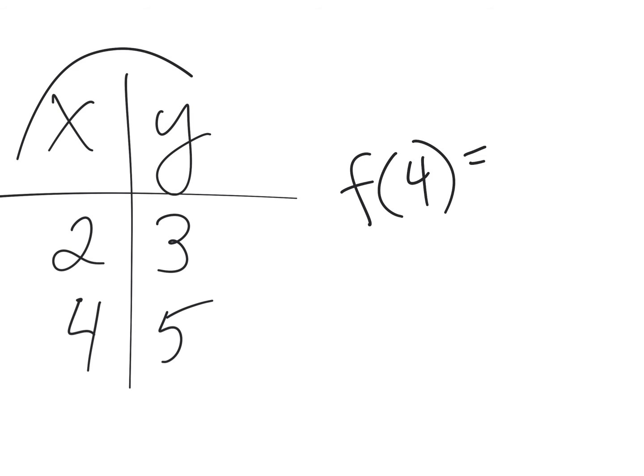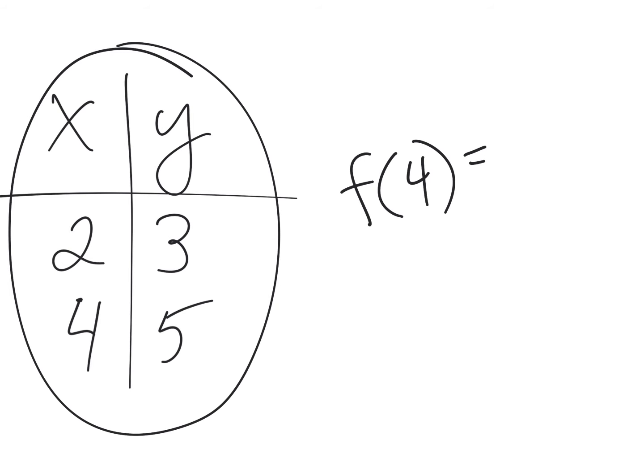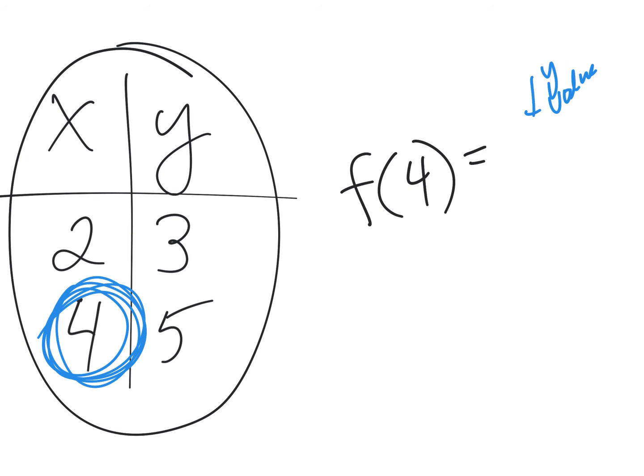Look on this chart. You'd have to figure out what the answer is. Remember how I said this is a y value? F of 4 means we stuck in a 4. And what's the answer? We got a 5.